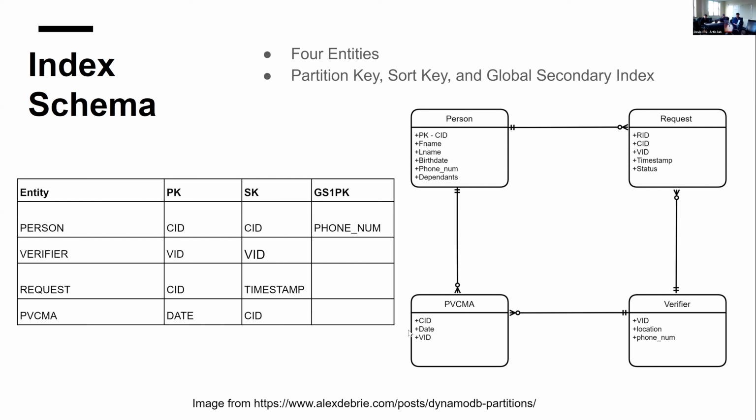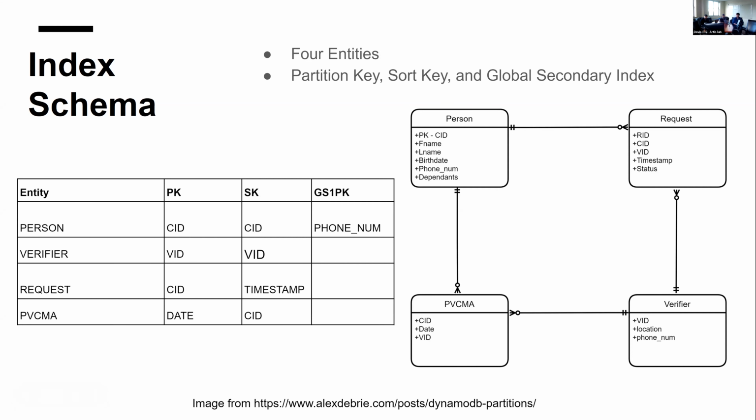And so along with that, we have our partition keys and sort keys. And one case of a global secondary index for the person entity so that we can reach their data by phone number as well as their identification number. And for a verifier, we just reached out to them by verifier ID.